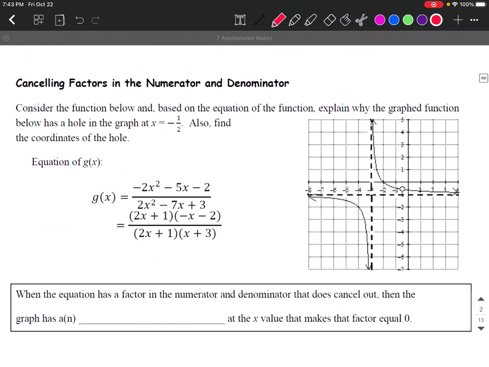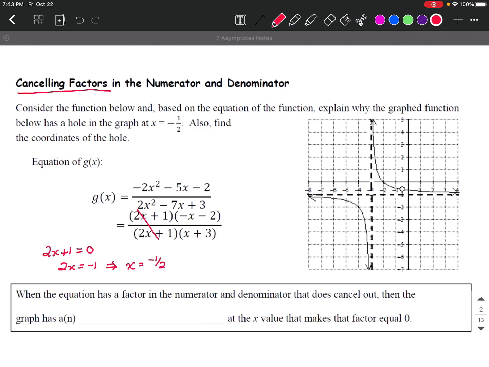Now let's take a look at the canceling factors that are in both the numerator and denominator. Again, we have that same function g of x and the same graph. This time, we're going to focus on the canceling factor 2x plus 1. If I set 2x plus 1 equal to 0, that means 2x equals -1, or x equals -1/2.